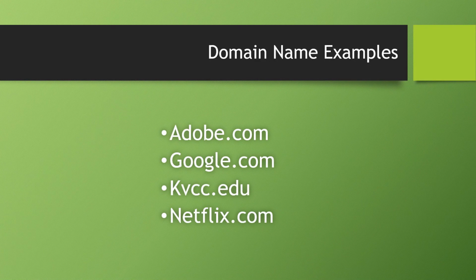And this is just a few examples of domain names: adobe.com, google.com, of course, kvcc.edu, netflix.com, and of course, there's many more. And these are the things that you're actually familiar with. Keep in mind that when these are registered, that domain name server is what connects them to the actual address on the internet, the IP address.